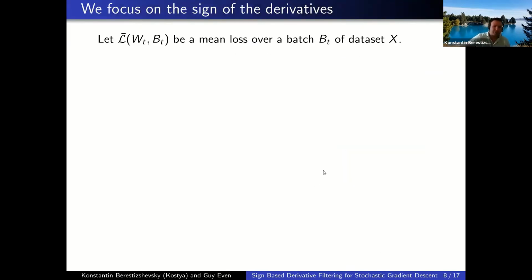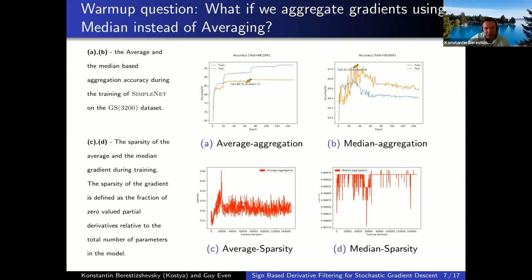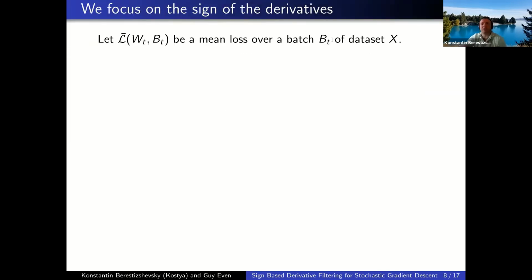Because of this balance of positives and negatives that eventually break the tie around zero, we really think that it's all about the signs. We want to look at the signs of the derivatives, and we can look at them in two ways.